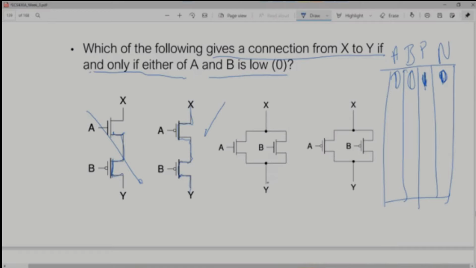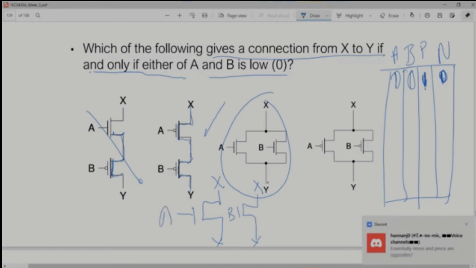So let's just draw this one out again. We have X, we're gonna have our NMOS, Y, and then we have another path which is X, another one, and Y, and this is B, this is A. Yeah, NMOS and PMOS are opposite.